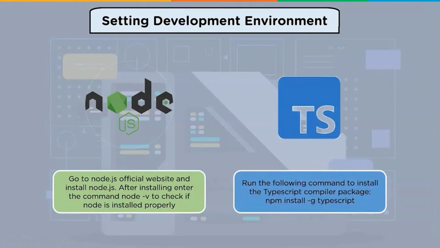To install TypeScript, run the command npm (node package manager) install globally TypeScript in the command prompt, and this will install TypeScript. So let's jump to the browser and see the installation of Node.js and TypeScript. Then we will go to Visual Studio and see the different components like loops, variables, and data types with examples.